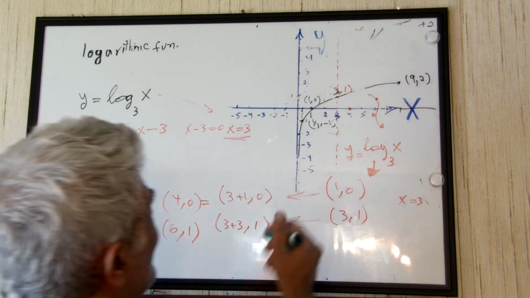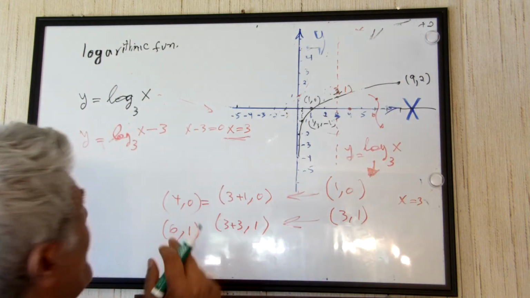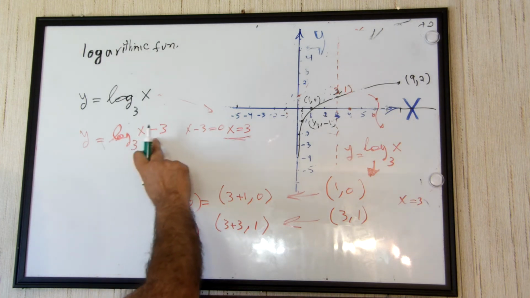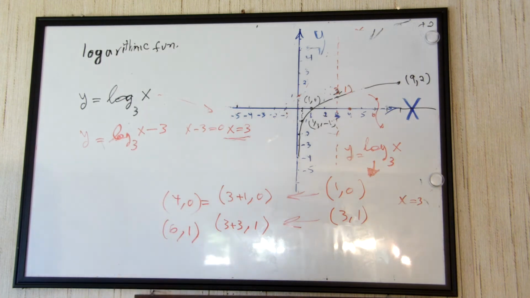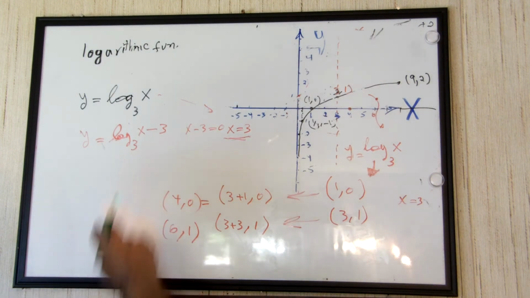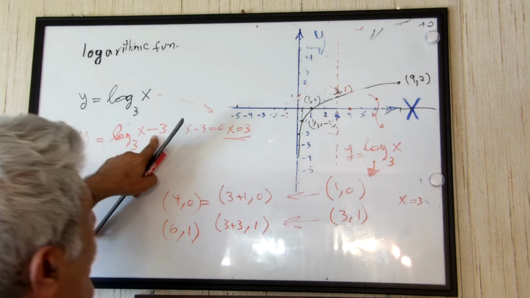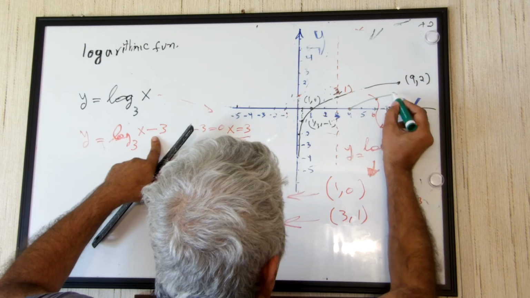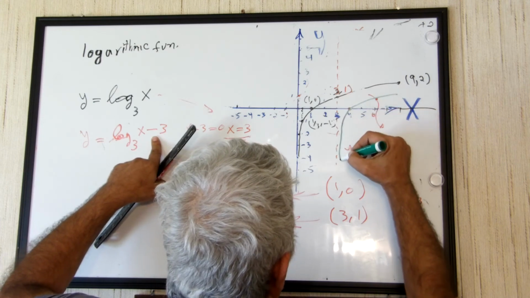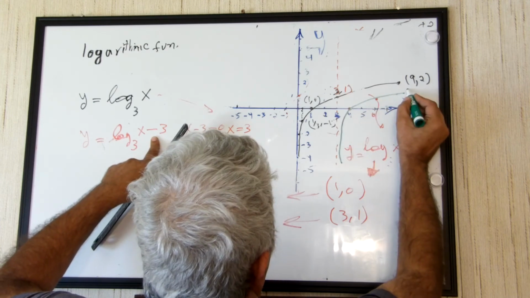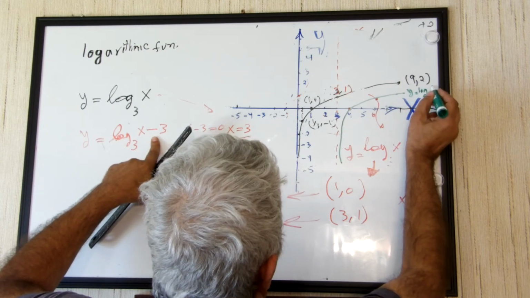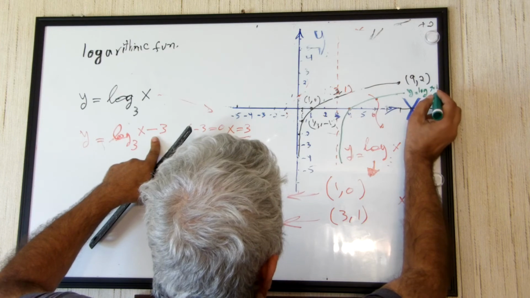So the graph is not going to get to 0. If you give x that value, this one is going to be 0, and it's against the rules of the log that this cannot be 0. So this is y equals log base 3 of x minus 3.